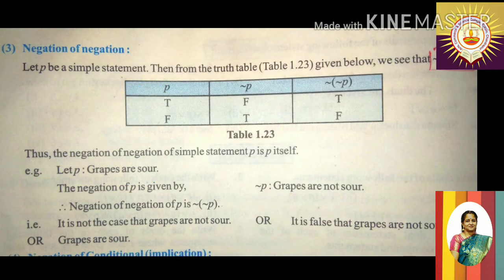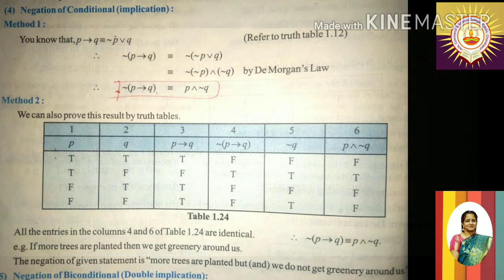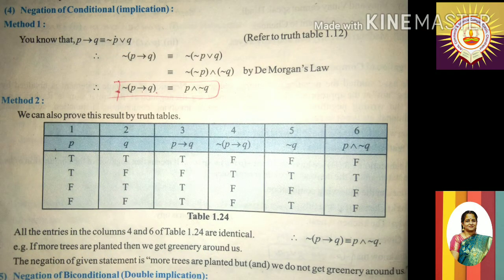The first one is, as we know, the negation of negation is nothing but the statement. If P is a simple statement, then apply double negation, so we get the statement itself. Let us see some results of negation of conjunction, disjunction, implication and biimplication. You have to remember that result.